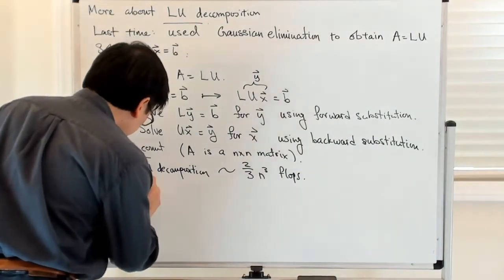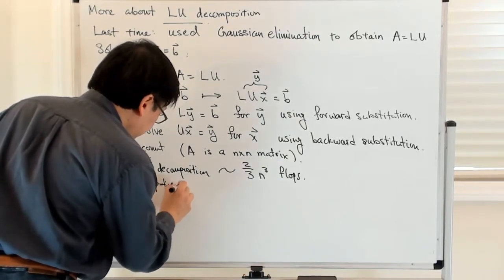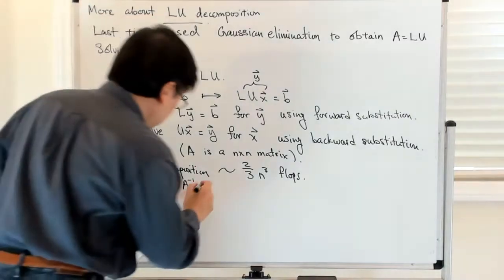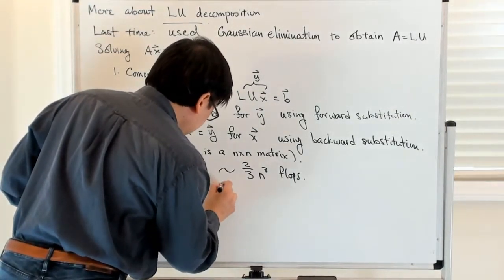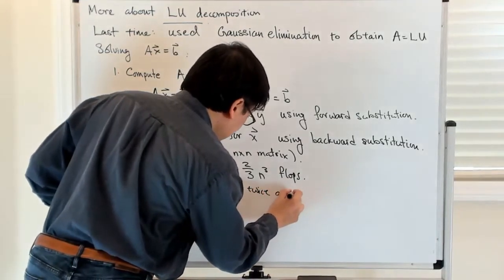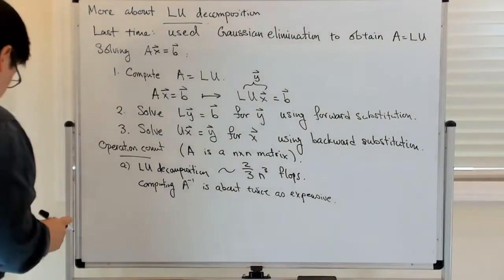And the point is that if you were to compute A inverse, that's more expensive. It's roughly about twice as expensive.